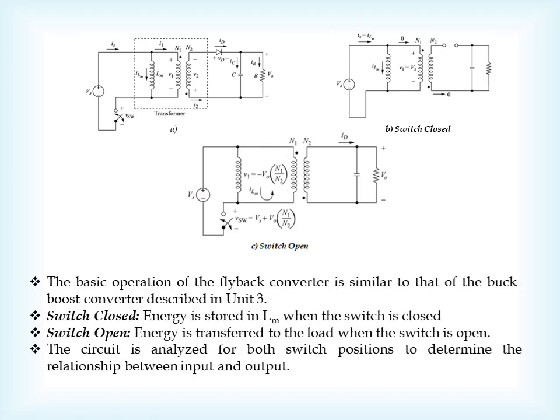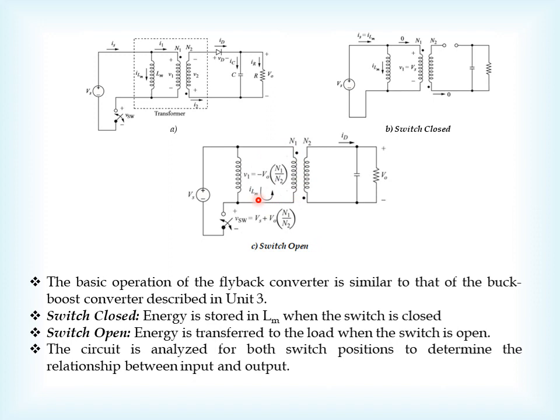When the switch is open, the supply voltage is disconnected because it is no longer a part of the circuit, but the current through this inductor will not change instantaneously, so current still flows in this direction.